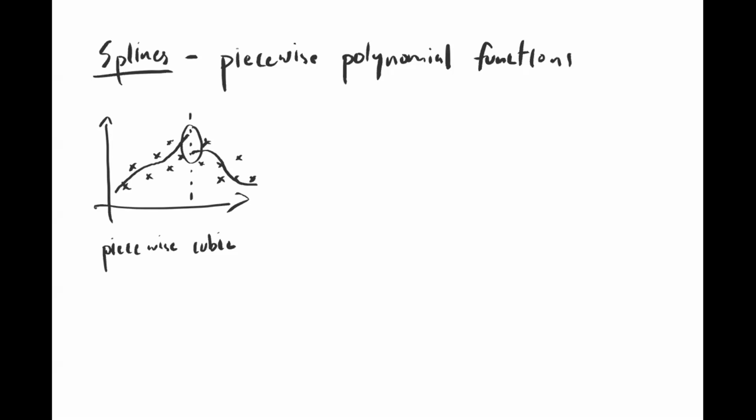It's not always the case that the lines are going to perfectly align. So this piecewise cubic is 2 cubic polynomial regression line segments.